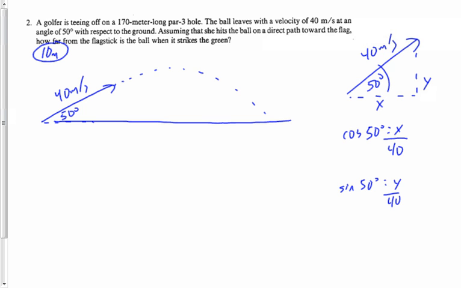What does the x component work out to be there? 40 cos 50. 25.7 meters per second. And the y component, 40 sine 50, works out to be 30.6 meters per second.